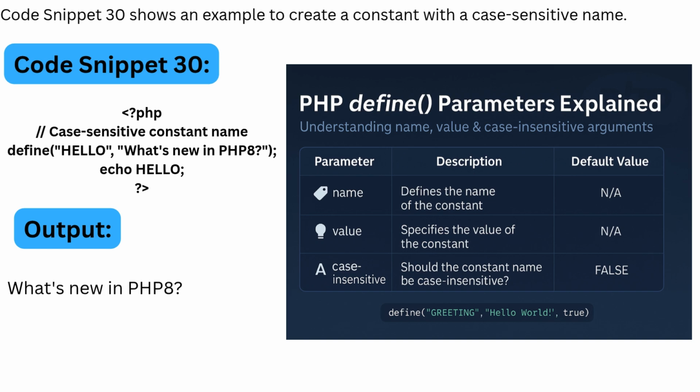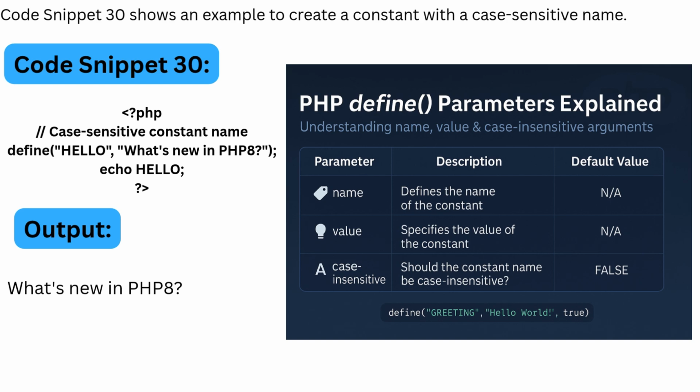This means that the constant HELLO now permanently holds this text value throughout the script. The next line, echo HELLO, is used to display the value of the constant. When the PHP interpreter executes this code, it replaces the constant HELLO with its assigned value and prints it to the screen. So, the output will be, What's new in PHP 8?